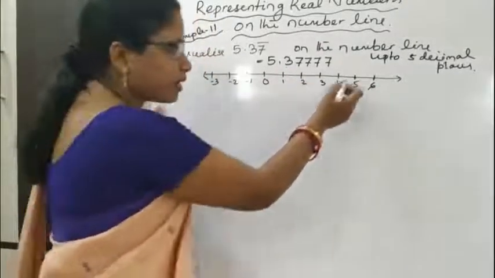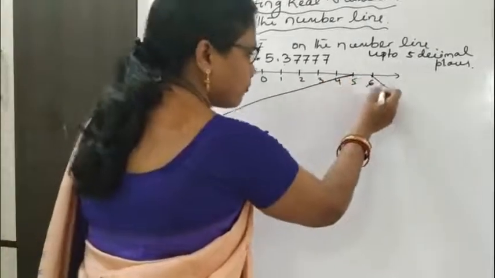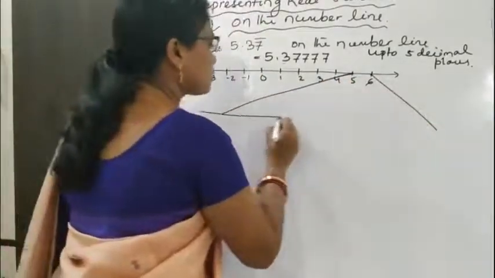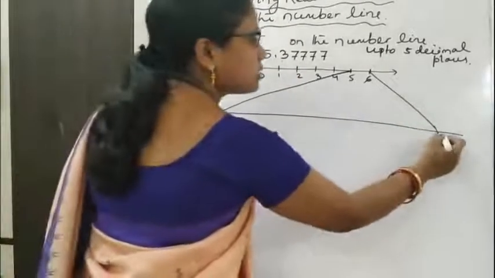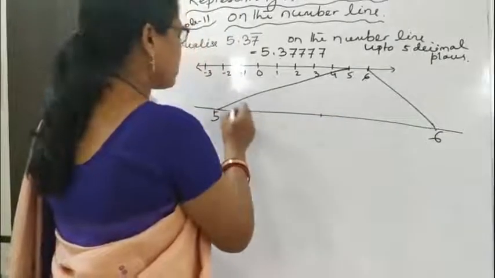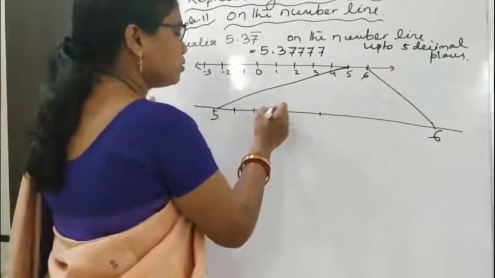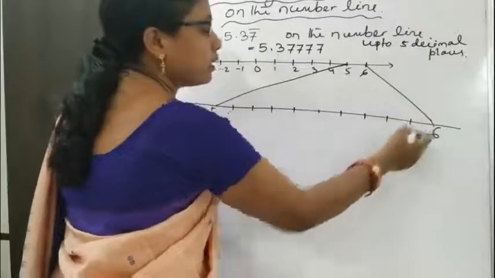So we have to magnify 5 and 6, like this. So this is 5 and this is 6. Again we have to divide it into 10 parts. So this is 1, 2, 3, 4, 5, 6, 7, 8, 9 and 10.